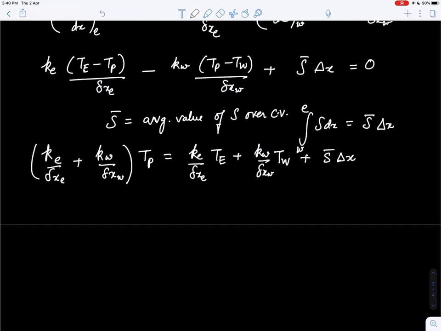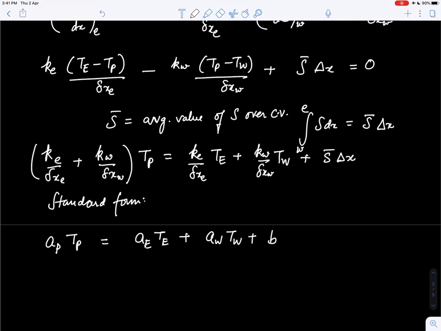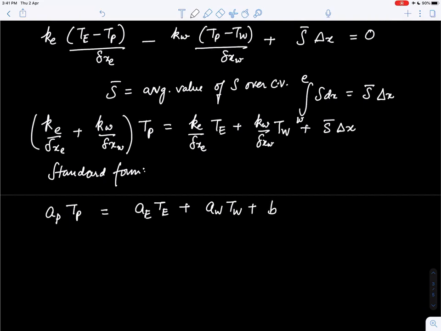The more standard form of writing this equation, as you'll see in various textbooks, is a_P T_P equals a_E T_E plus a_W T_W plus b, where if I compare, a_E is k_e by delta x_e, a_W is k_w by delta x_w.